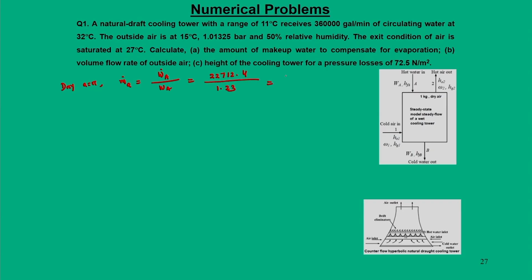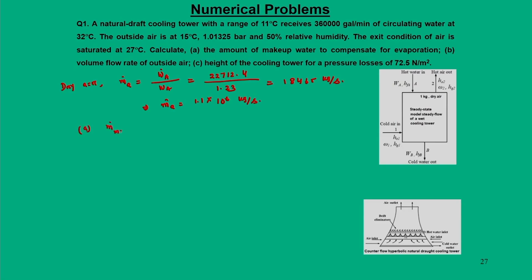So this should be 18465 kg per second, or m dot A becomes equal to 1.1 into 10 to the power 6 kg per second.